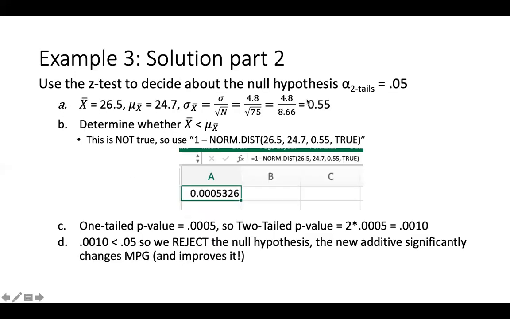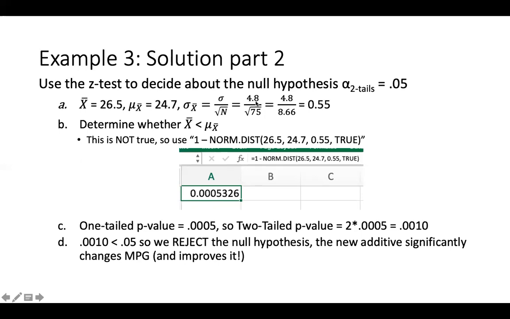So we do this, it's the same procedure, right? Our sample mean is from those 75 cars, and we find with the additive that MPG is 26.5 miles per gallon. Without the additive, the population mean, the normal sort of thing we can expect if the null hypothesis is true, would be that the cars would get 24.7 miles per gallon with a standard deviation of 4.8.